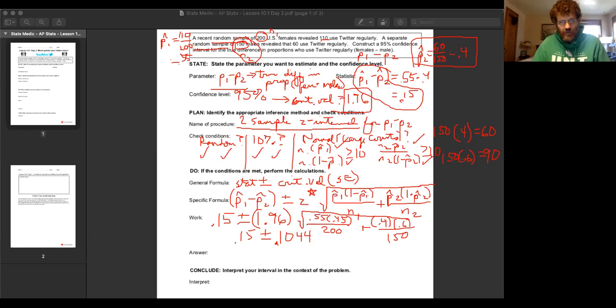I'll pause there so you guys can do the math, but I wrote the answer that I got up on the screen. Once you get that, you can actually do the addition and subtraction from your point estimate to figure out the actual confidence interval.